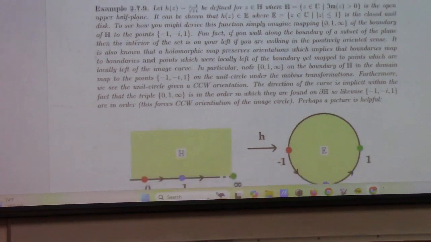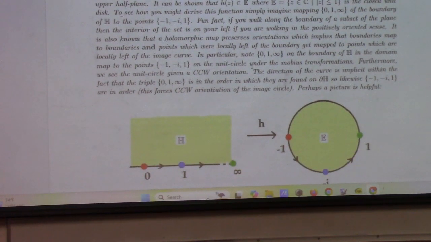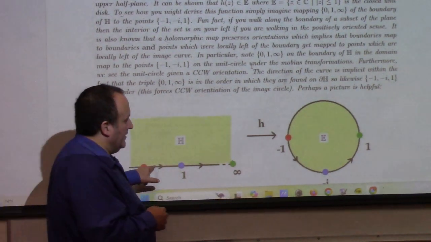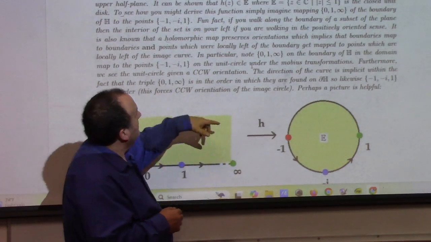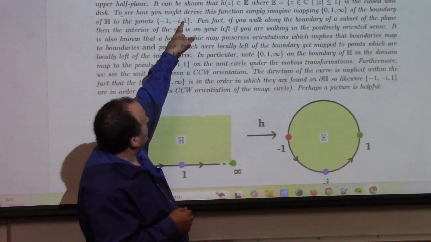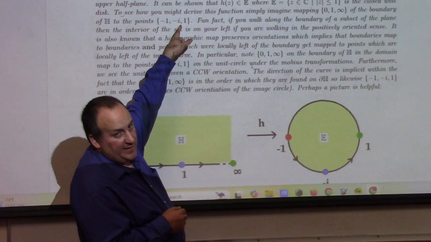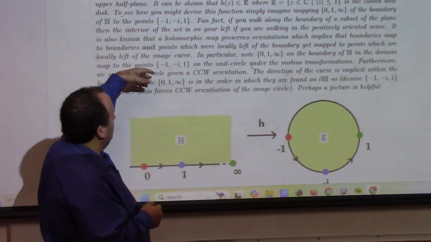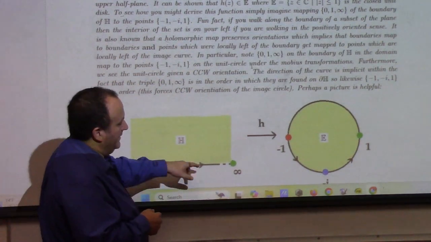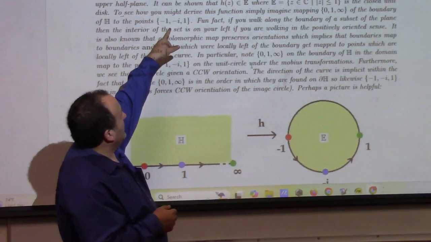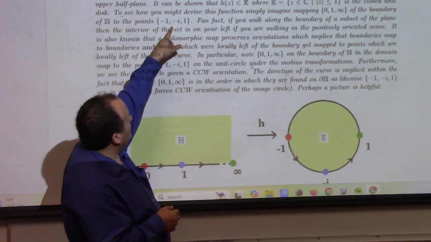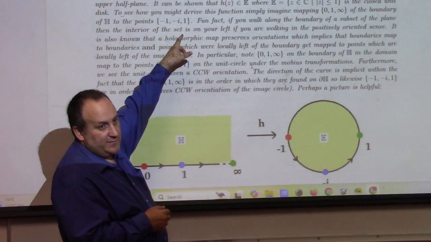Let's see if we can. I've got some color coding going on here. So my claim is that you input 0, you output -1. Can you see that? If I plug in 0, I get minus i over i, which is -1. Great. But I plug in 1, I get minus i. See what happens if I put (1 minus i) over (1 plus i)? Can you guys simplify that?